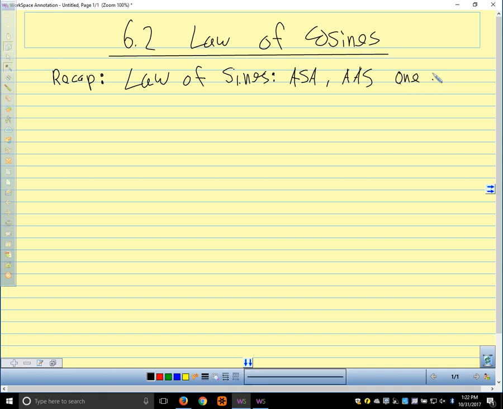Those are our two ideal law of sines situations: angle-side-angle or angle-angle-side. If we have side-side-angle, we have our possible ambiguous case. We could get 0, 1, or 2 triangles, depending on the information that we're given.